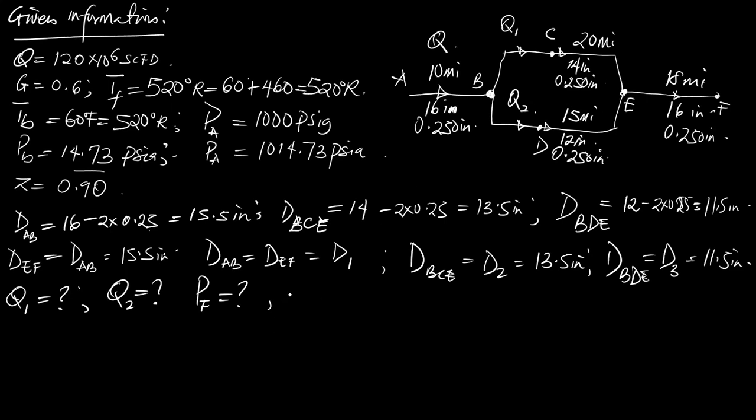So we're asked to get P at B, unknown, P at E, unknown.